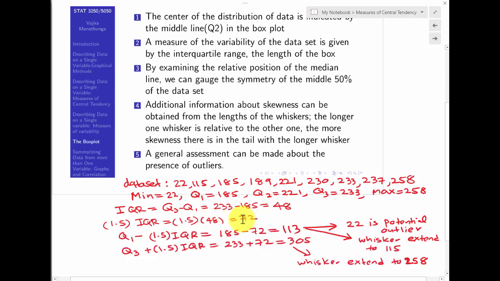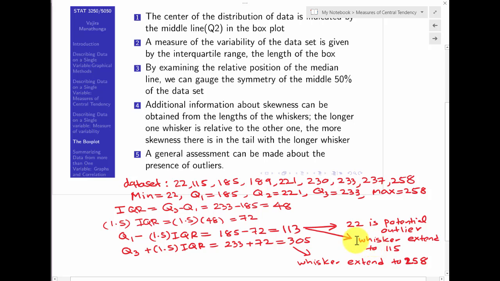Now remember, the whiskers extend from the first quartile to the smallest observation which is between Q1 and Q1 minus 1.5 times IQR. So if you subtract 1.5 times IQR from Q1, you get 113. This means 22 is a potential outlier because it's outside.